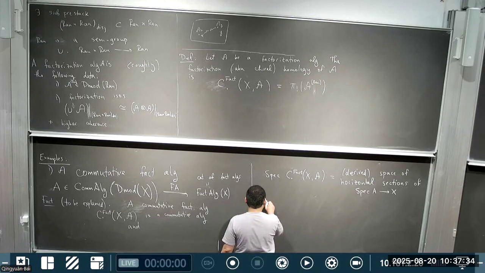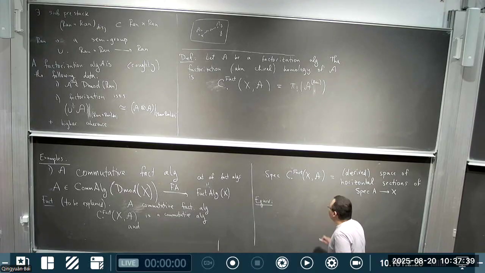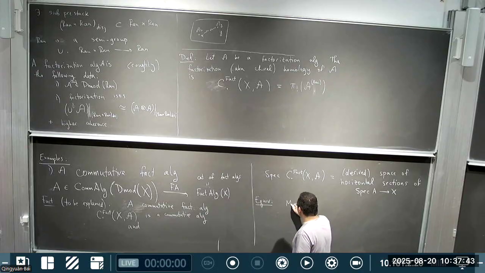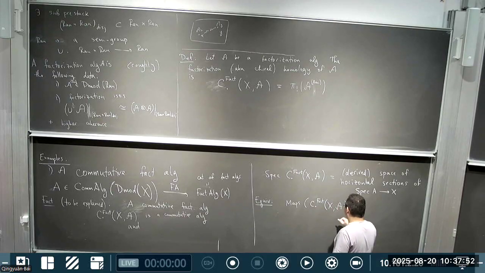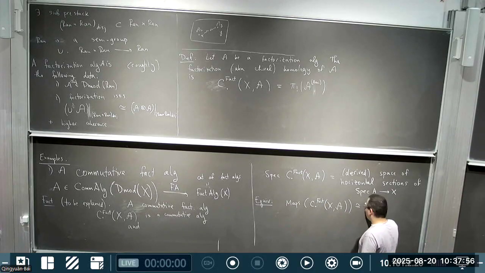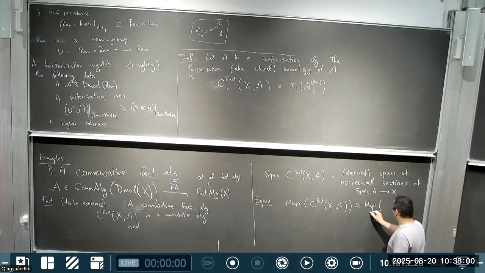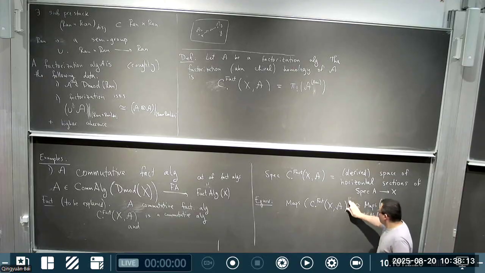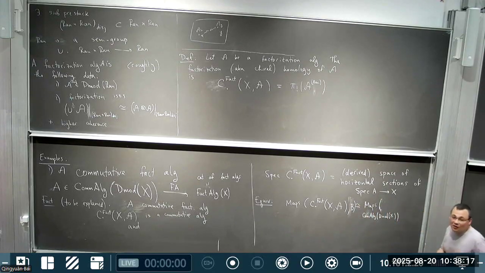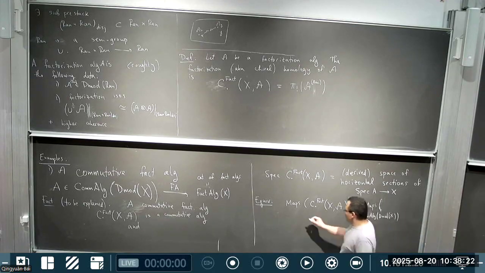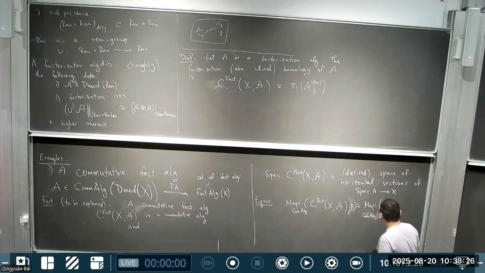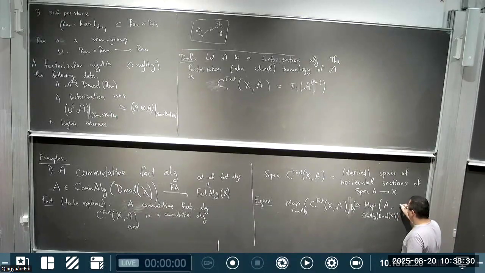Equivalently, let me reformulate this. What this means is that maps from this factorization homology, in commutative algebras in D modules, into some random commutative algebra B, are identified with maps of commutative algebras in D modules from A into B tensor the dualizing complex.